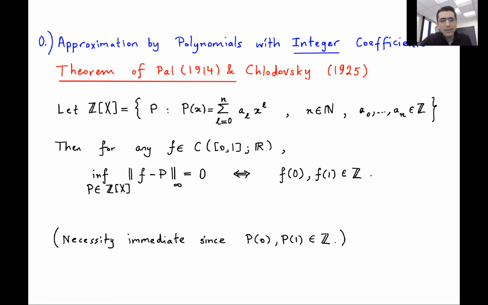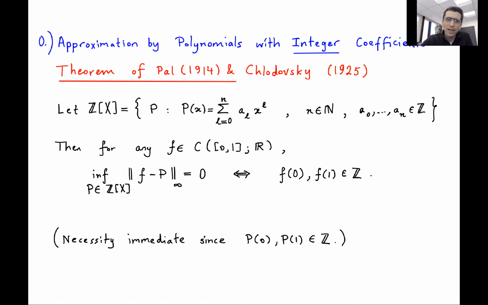So consider the set of all polynomials with integer coefficients. That's the ring. Typically we denote it by Z[x], but I will really be thinking of these polynomials as functions on [0, 1], rather than just polynomial objects. So this notation is not necessarily great, but we'll use that anyway.